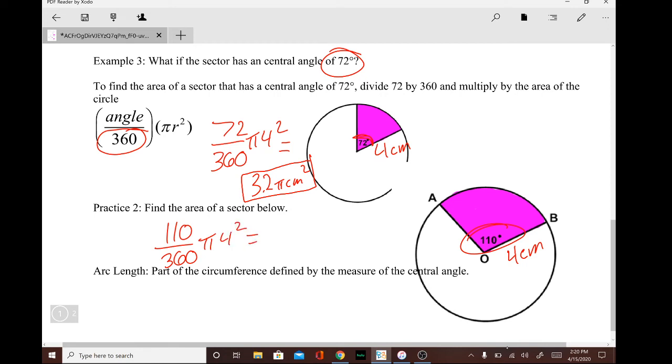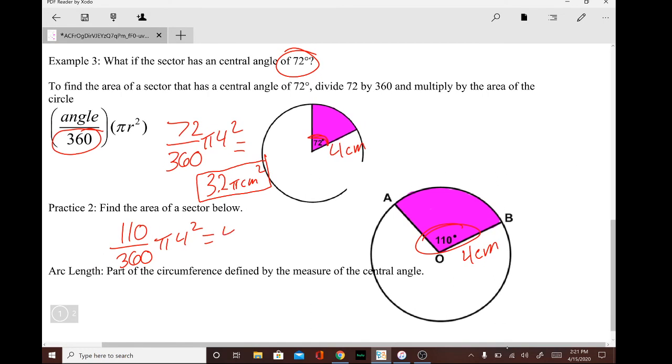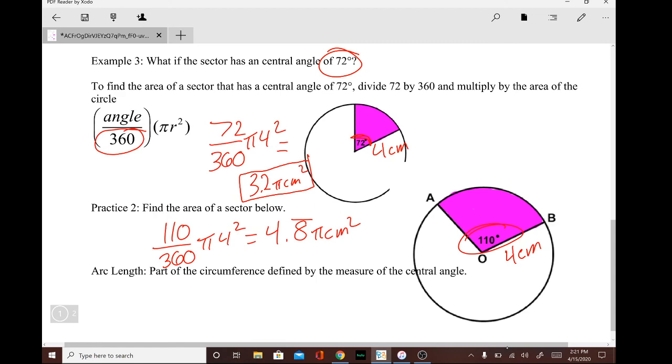In our calculator, we can do 110 over 360. That's going to give us 0.3 repeating. We're going to multiply that times 4 squared, and I'm looking at 4.8 repeating pi centimeters squared.